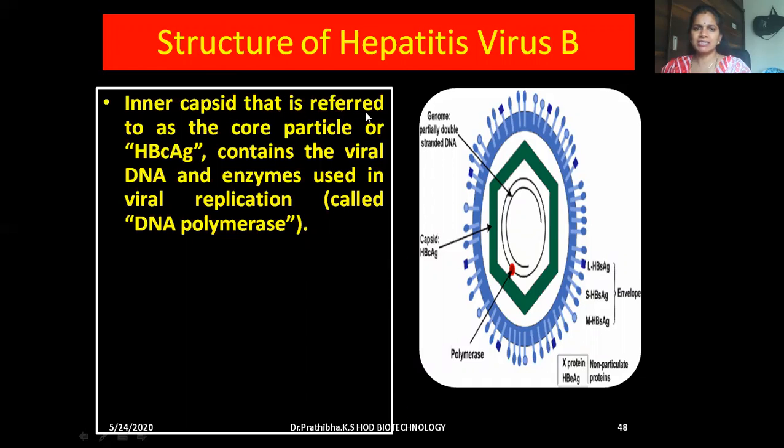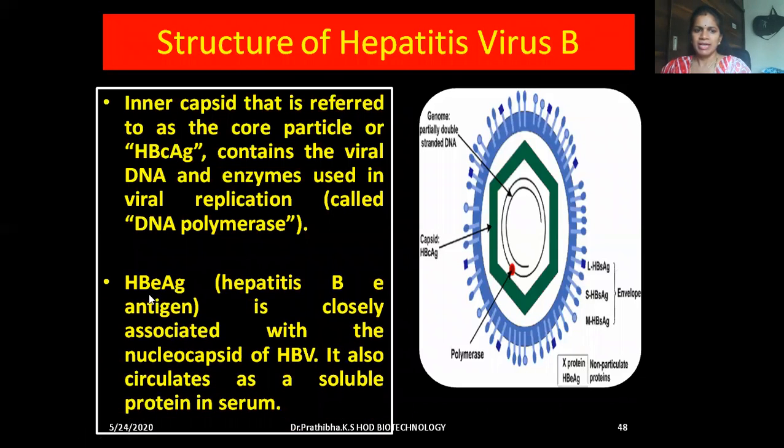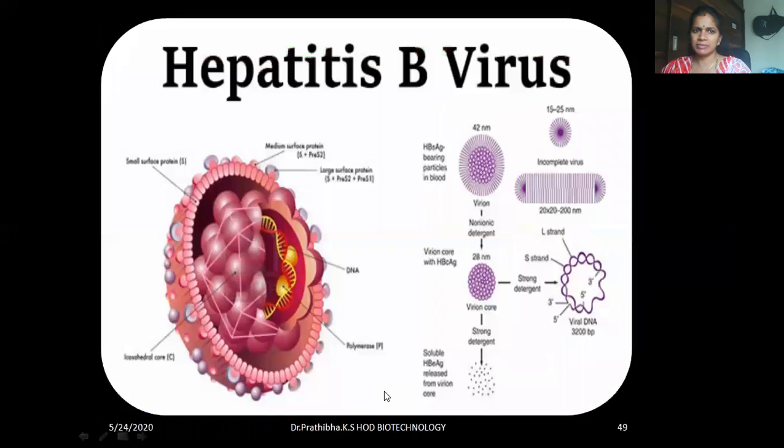The inner capsid, referred to as the core particle or HBc antigen, contains the viral DNA and enzymes used in viral replication called DNA polymerase. HBe antigen, that is hepatitis B e antigen, is closely associated with the nucleocapsid of HBV. It also circulates as a soluble protein in serum.